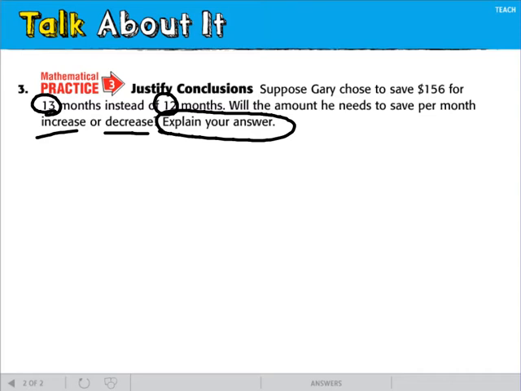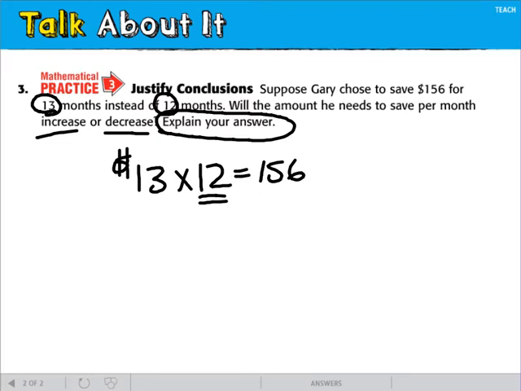It's going to end up being $12 a month instead of the original 13. Because 13 times 12 equals 156. We did this on our whiteboards, right? Correct? Now, this was the months, and this was the dollar amount per month. Now we're saying we're going to go to 13 months.